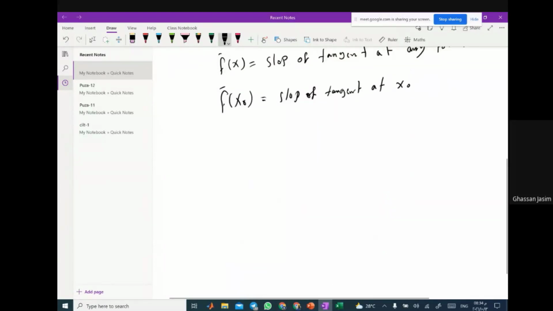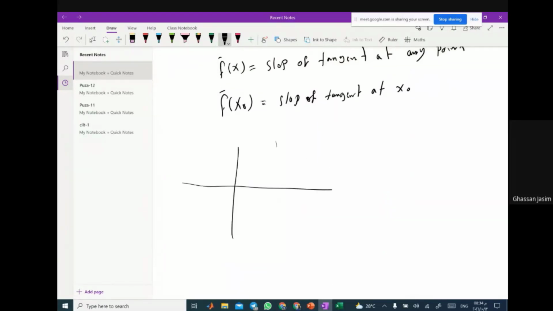If we have a curve like this, and we have any point here, for example this point, the tangent line at this point, to find the slope of this line, it equals f dash x, of the function of this figure.